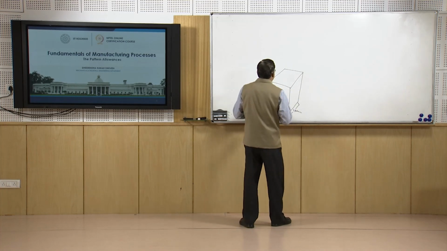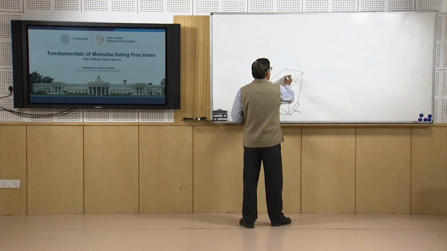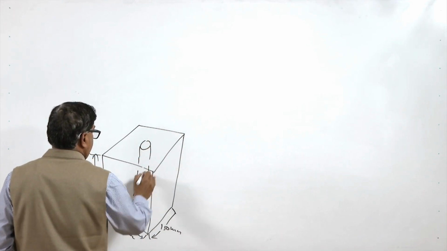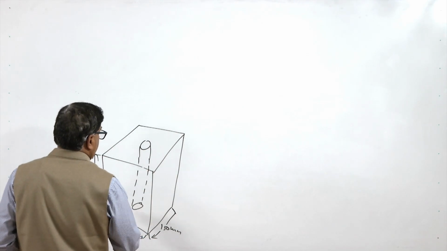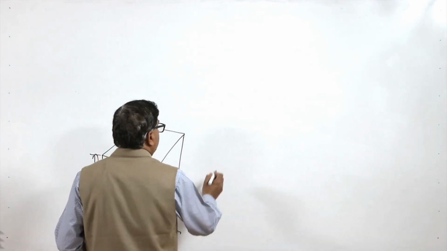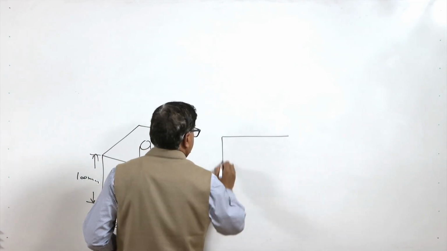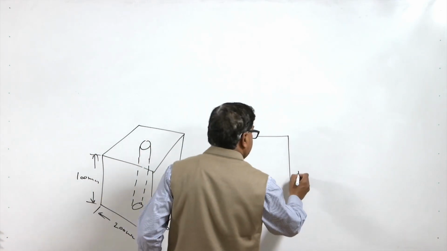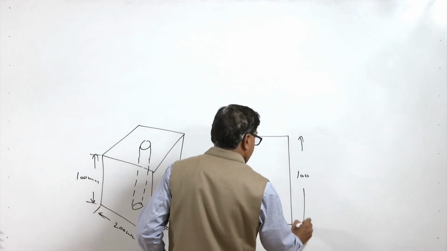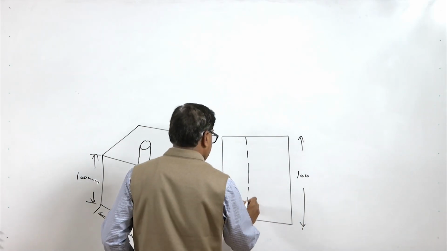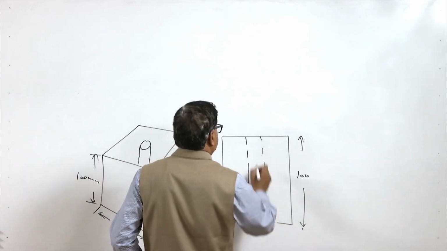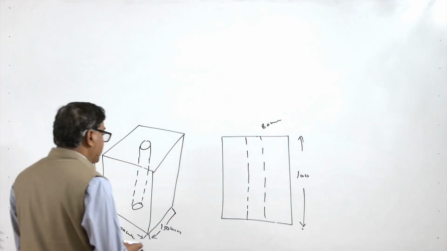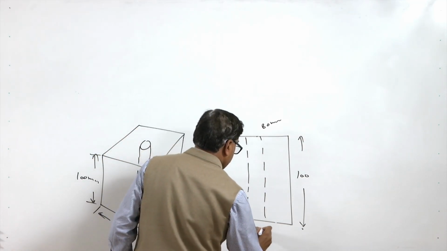Now, if it has one central hole like this, we can show it in the front view, where this dimension is 100 mm and this hole is 80 mm. So, how to give the allowance, and this dimension is say 200 mm.